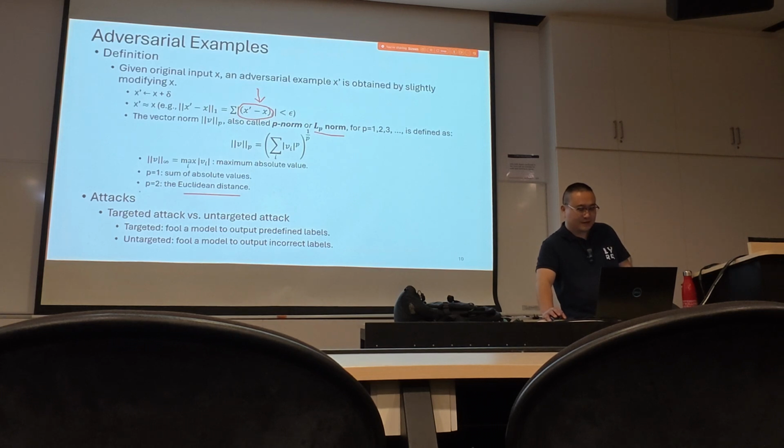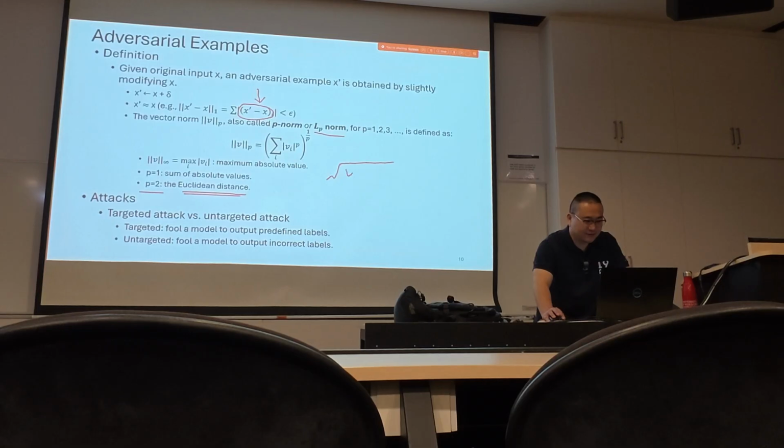That's why p equals 2 is equivalent to the Euclidean distance. So we calculate the square root of the sum of squares. For example, v0 squared plus v1 squared plus v2 squared. So we just calculate the Euclidean distance.